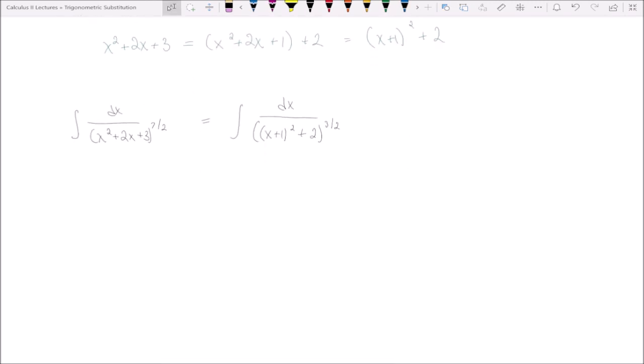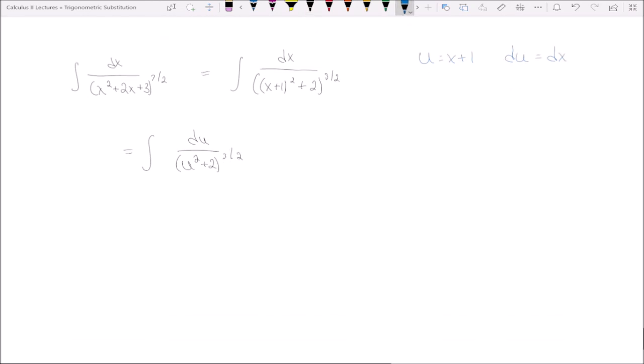Let's now do a u sub. U is x plus 1. Clearly du is just dx. Using that substitution, we now have this form. Antiderivative of du over u squared plus 2 to the 3 halves.